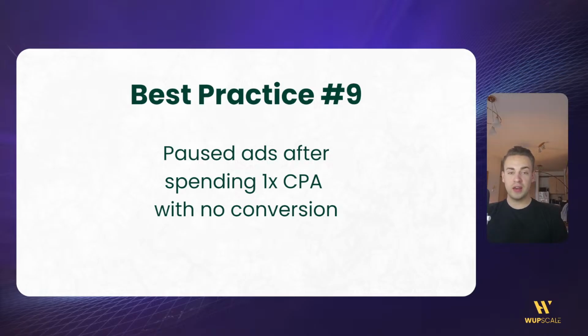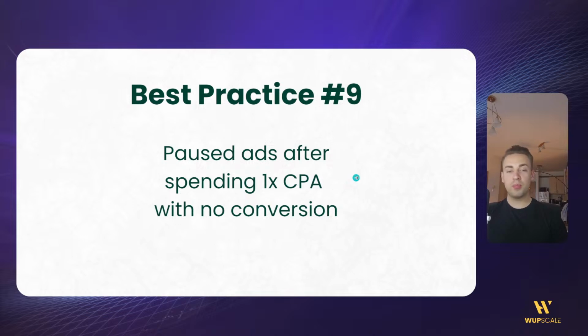Because if they are not even hitting the average CPA, they are not going to be a winner in the future. It usually works the other way around. Your winning ad starts out at maybe half the average CPA, and over time the CPA climbs, but it's fine. But make sure not to spend on ads if they have no conversion after spending one time your average CPA.